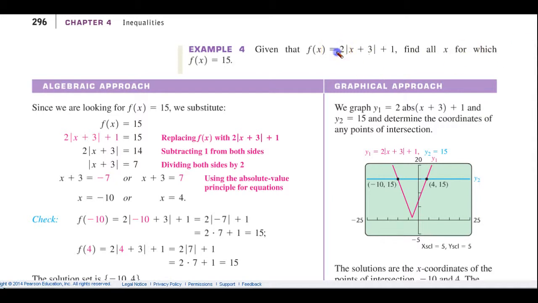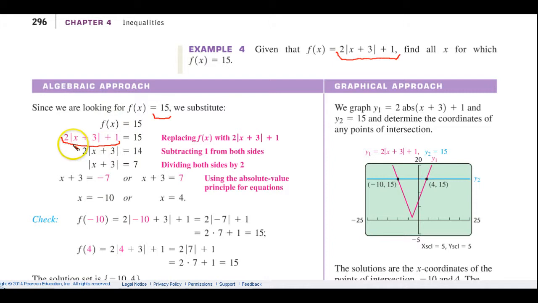So this is what the function is, and they're saying find all x's for which y, in a sense, equals 15. So we want to have that as our y over here, but our x is this. This is going to equal 15.